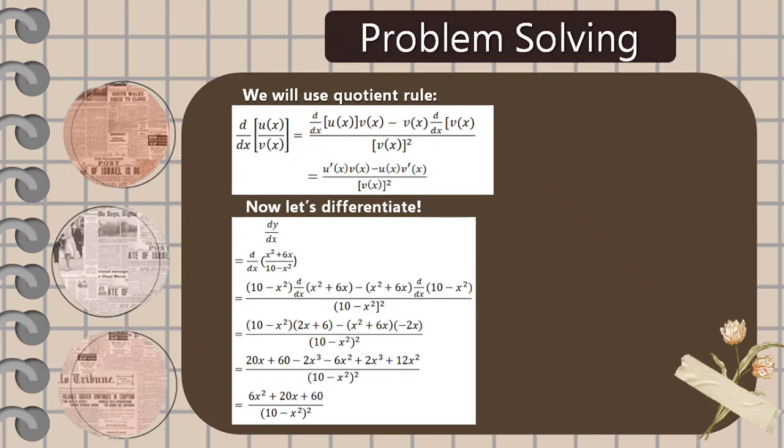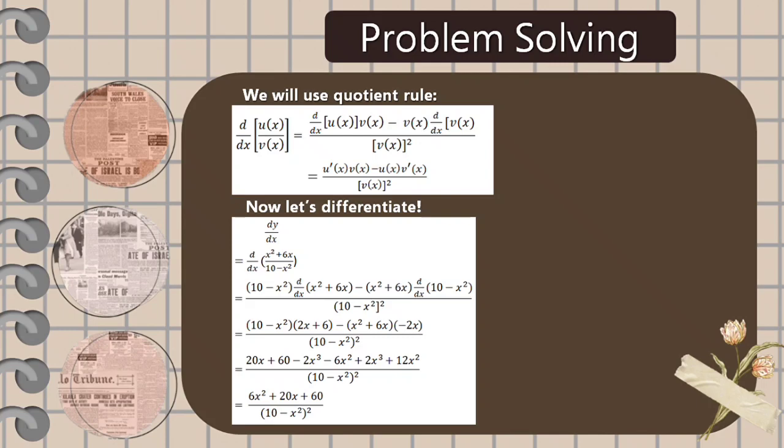Then we will differentiate x squared plus 6x and 10 minus x squared, which is equal to 10 minus x squared times 2x plus 6, minus x squared plus 6x times negative 2x, over 10 minus x squared to the power of 2. Then we will expand it.